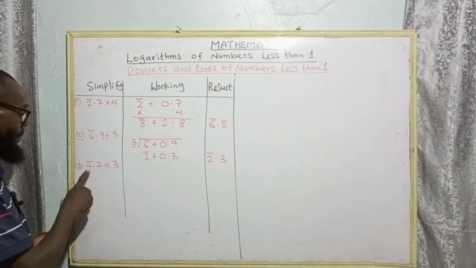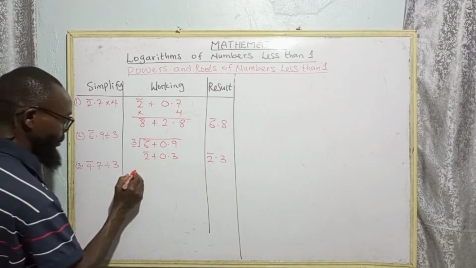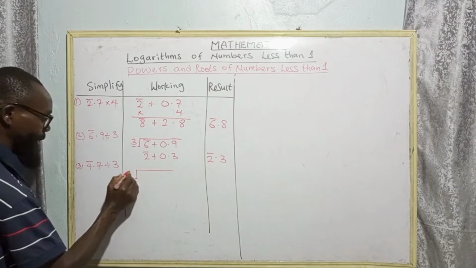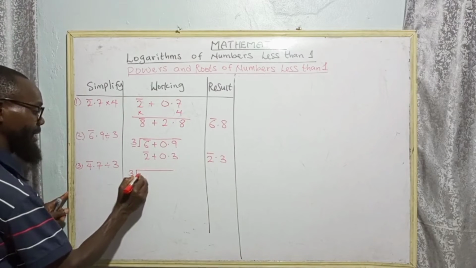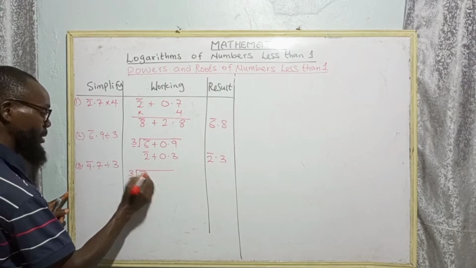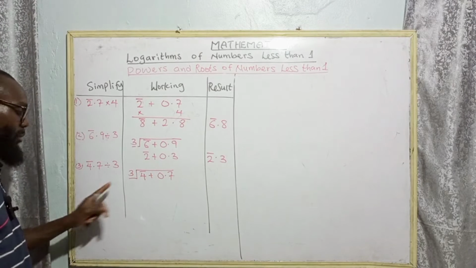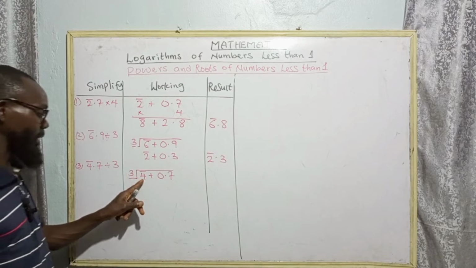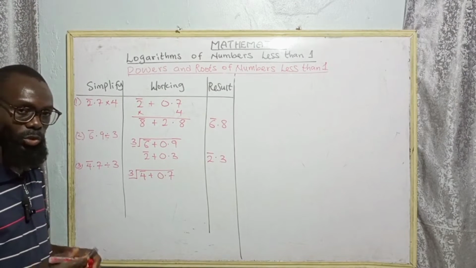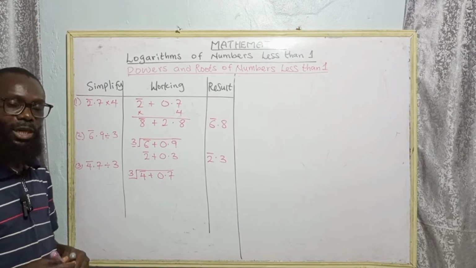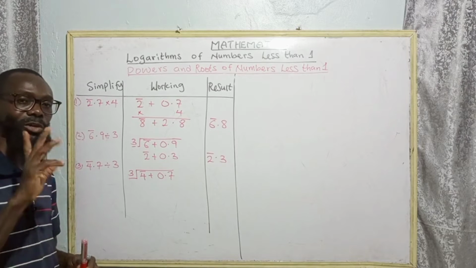Next one, bar 4.7 divided by 3 can be written this way as well. Our 3 is here. Then bar 4.7 could be written as bar 4 plus 0.7. Now, can 3 go in 4 without a remainder? Actually, no. So 3 cannot go in 4 without a remainder. So we are going to look for a number that 3 can go in without a remainder.